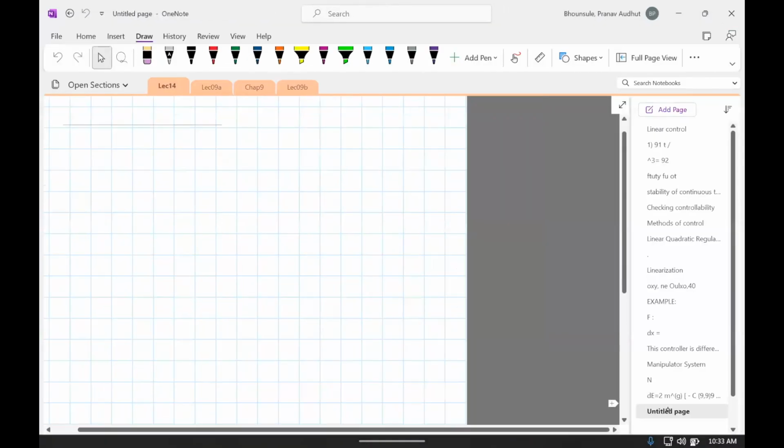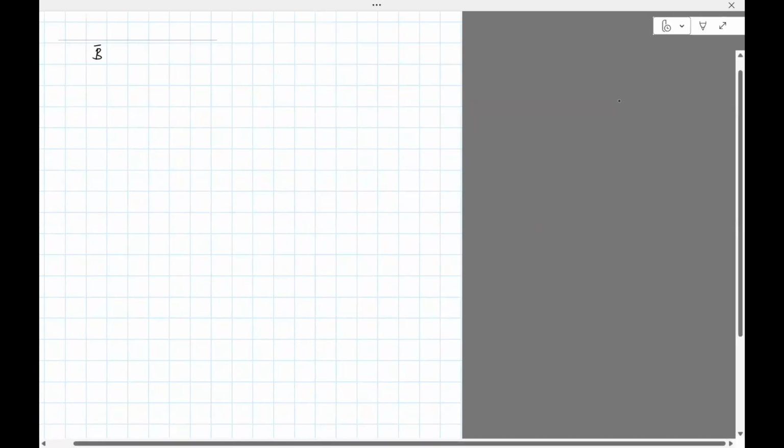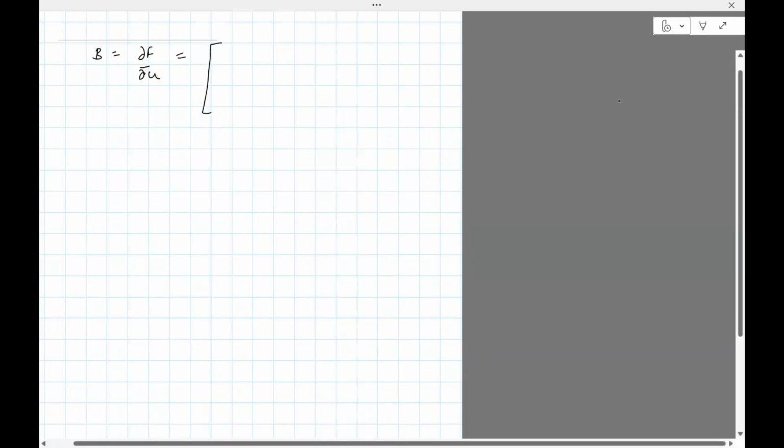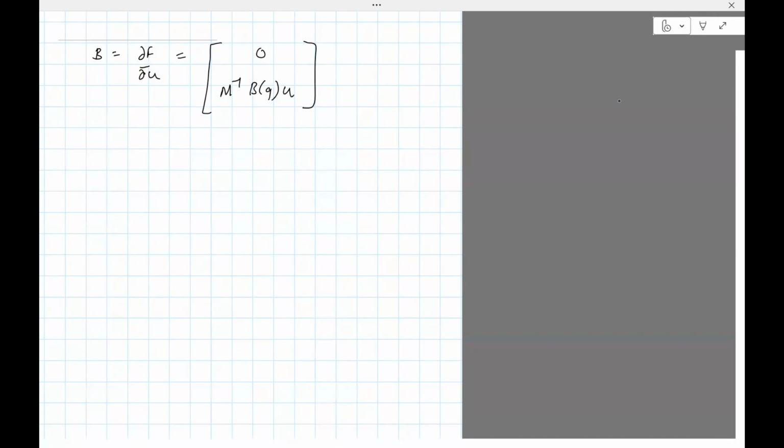So here is the last step, B is df du, and this is just a summary of what I wrote down. This will be 0, M inverse pq times u. There's no u, sorry. That's it.